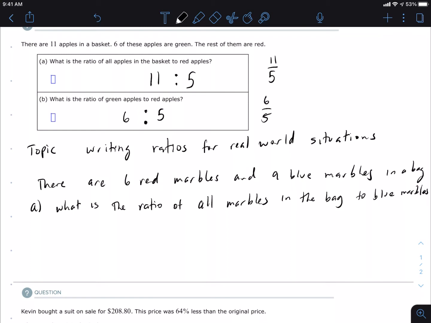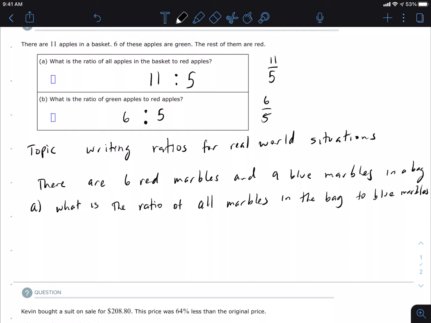So what do you think that would be? We've got to think about how many total marbles we have. So we had 6 red and 9 blue. So our total is 15, correct?